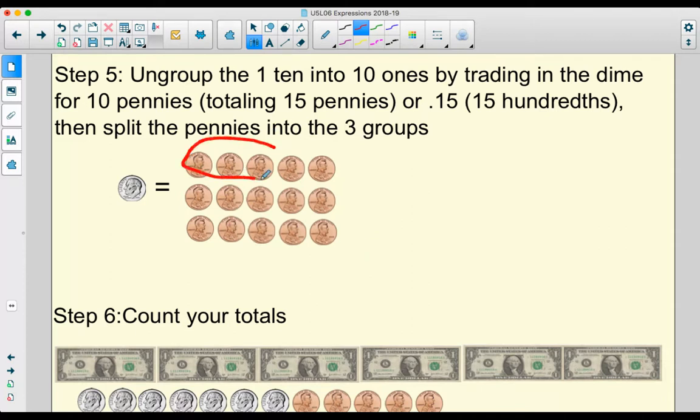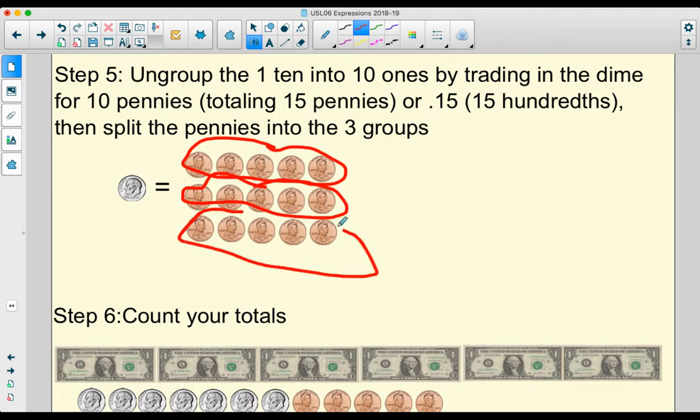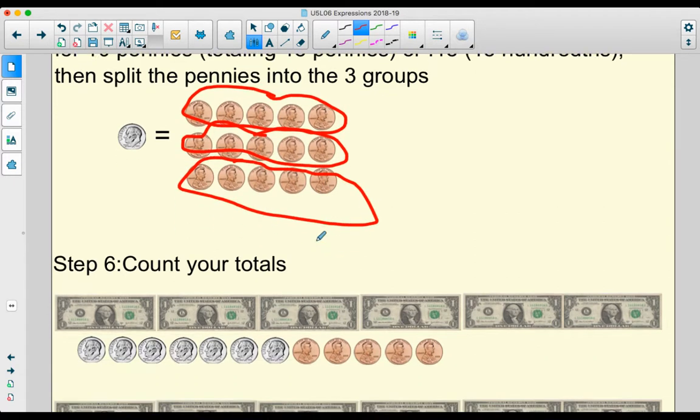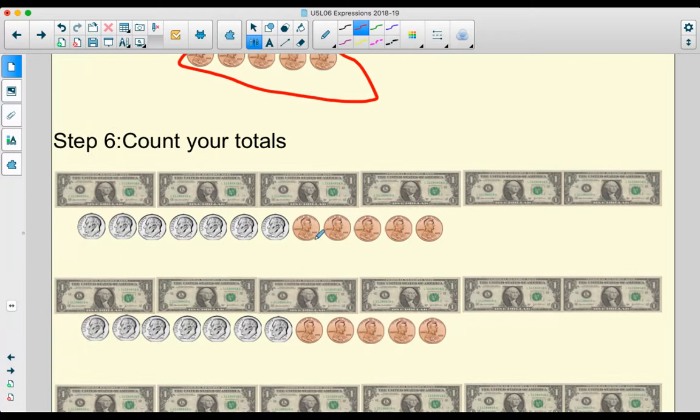They would each get 5 pennies. So now their total would be 6 ones, 7 dimes, 5 pennies, or $6 and 75 cents, 675 hundredths.